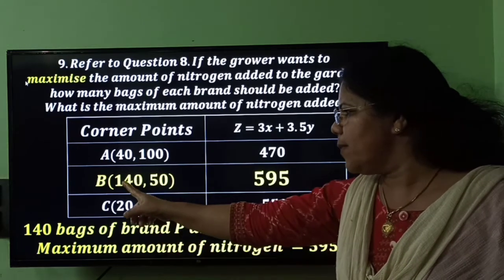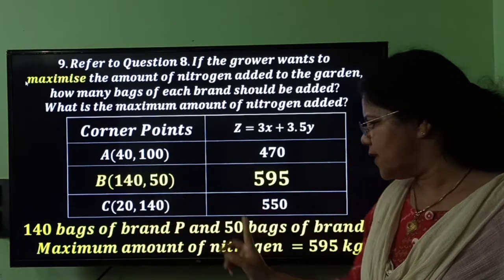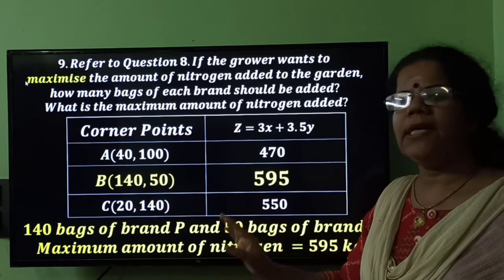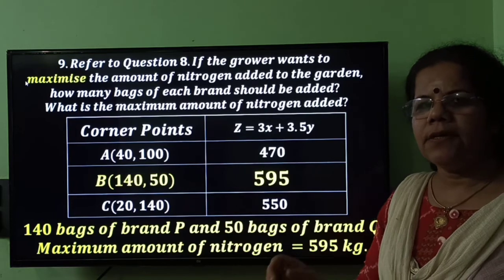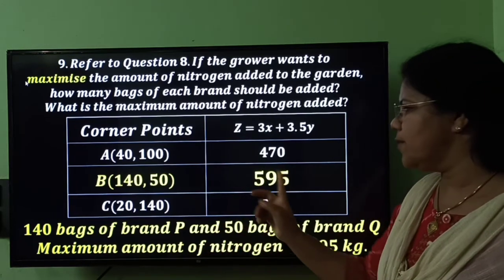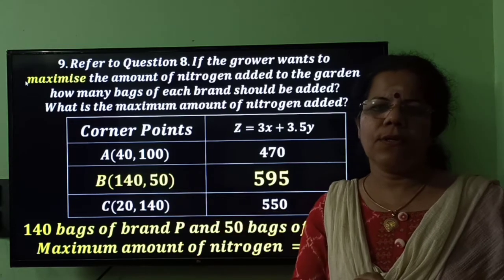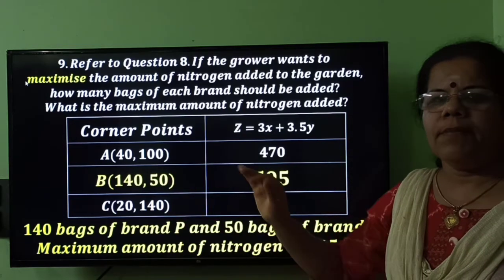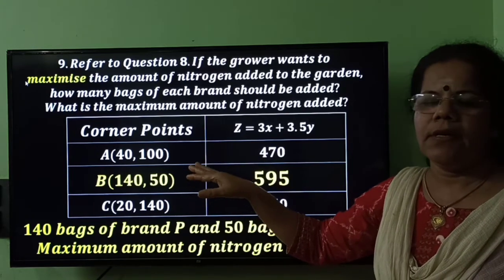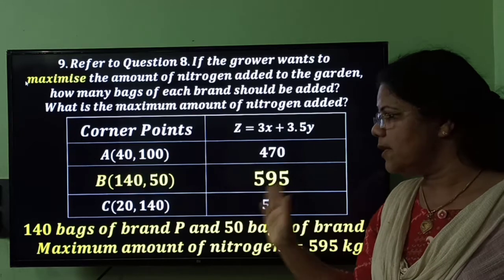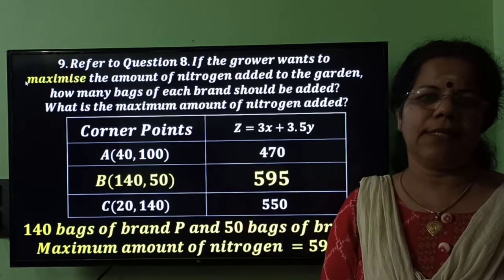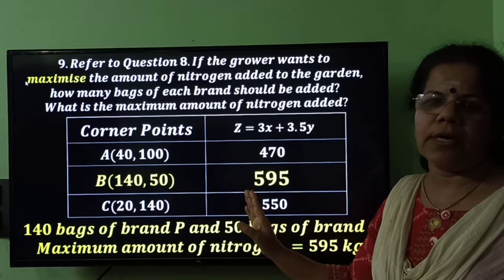Therefore, 140 bags of brand P and 50 bags of brand Q should be mixed so that the mixture contains 595 kilograms of nitrogen. So simple, all these things. Maximization and minimization, the same problem. The maximum and minimum amount of nitrogen come from the same table under the same constraints, so we could do it as a part of this question.